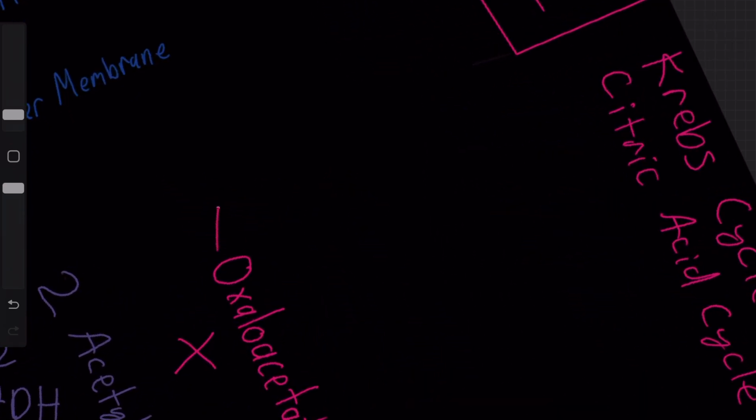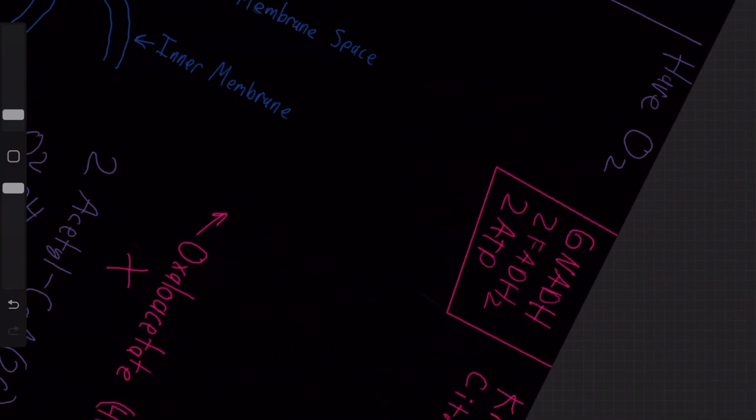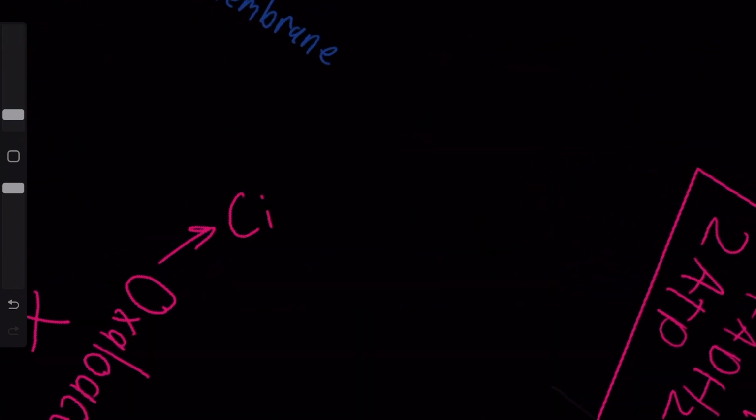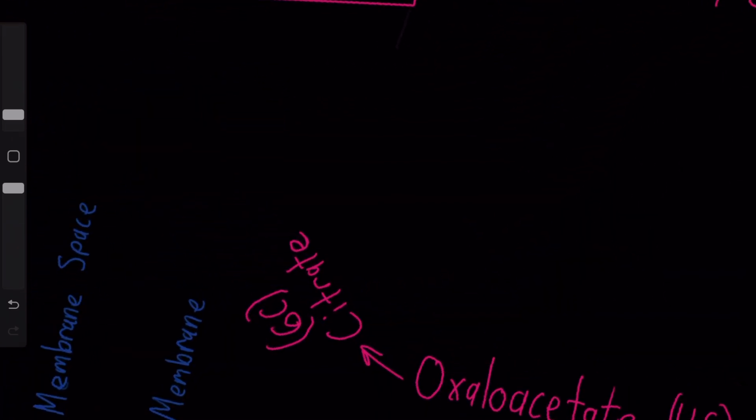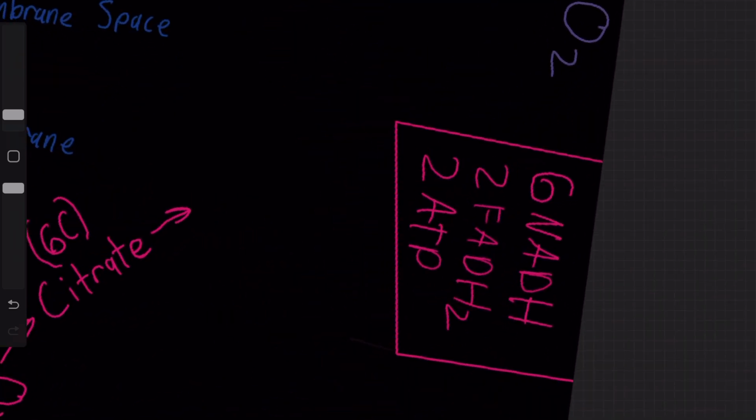Since we're adding them together, we're going to get 6 carbons, and we're going to turn that into citrate, which has 6 carbons. Then an extra step added is going to be isocitrate, which also has 6 carbons, and nothing is going on in this step.